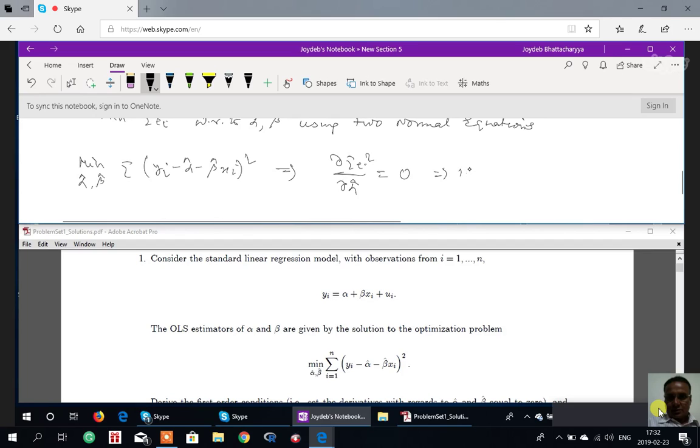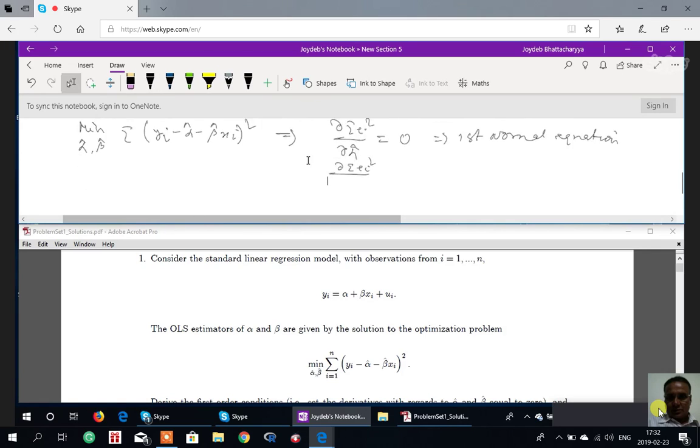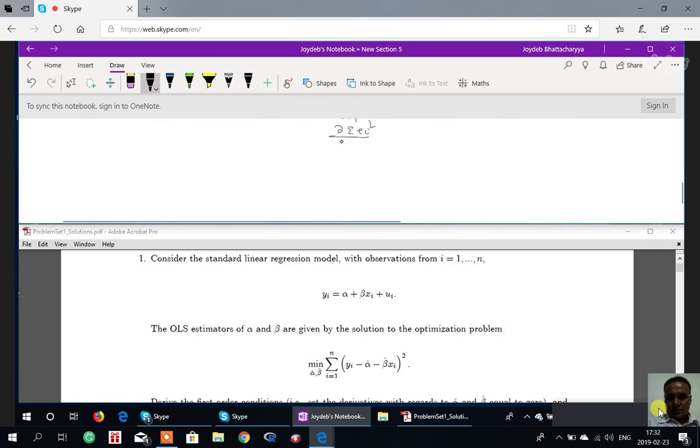This will lead to the first normal equation. We will also have del summation ei square over del beta hat, which we set to 0, and this will give rise to the second normal equation.